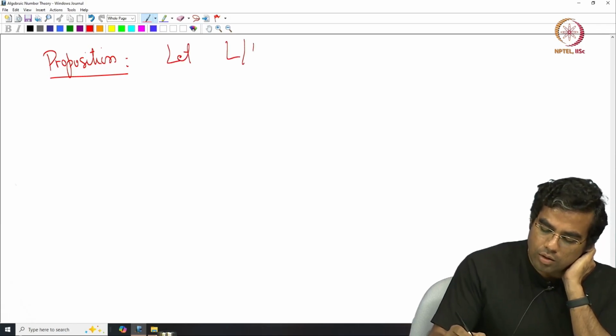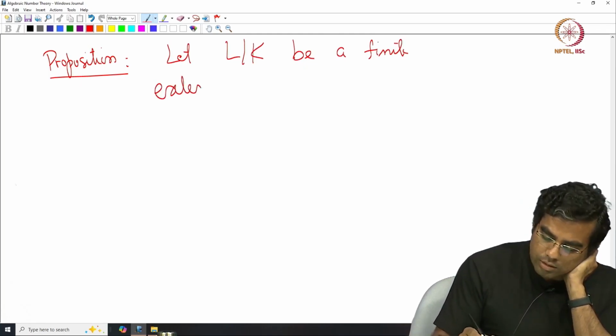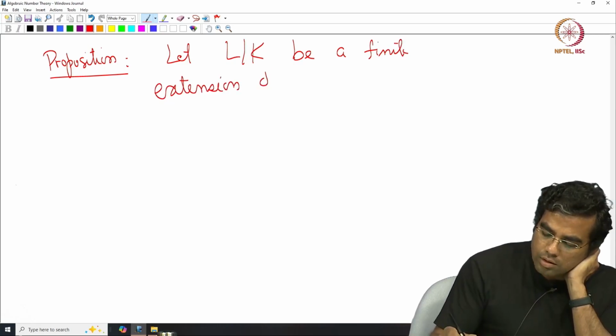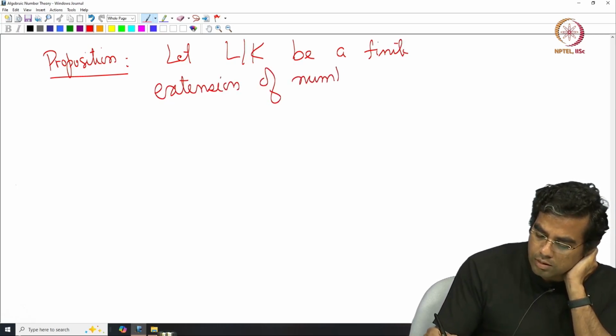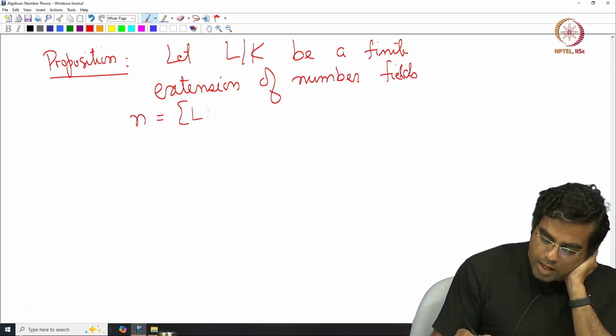Let L over K be a finite extension of number fields, and I denote its degree by n.